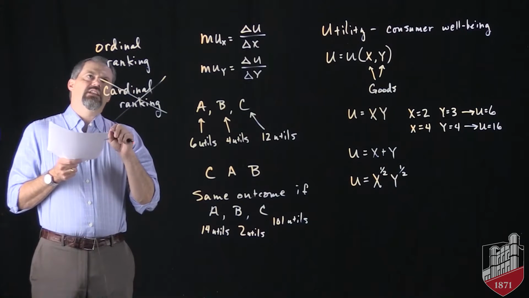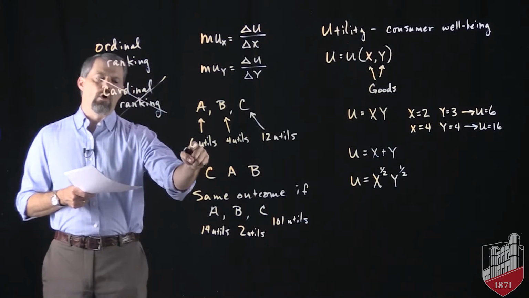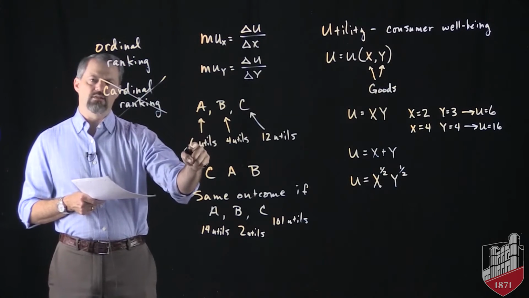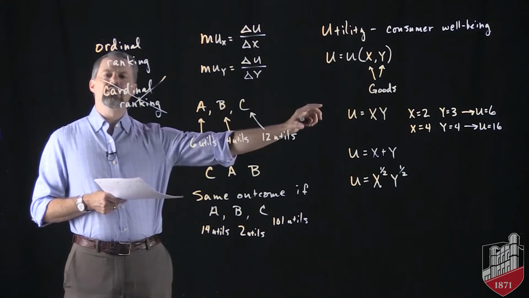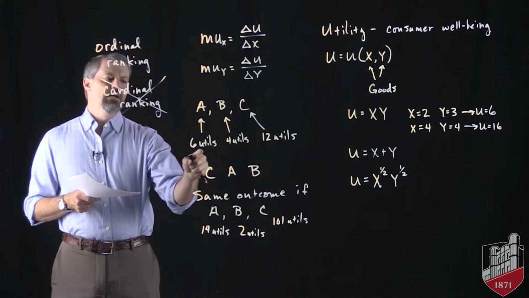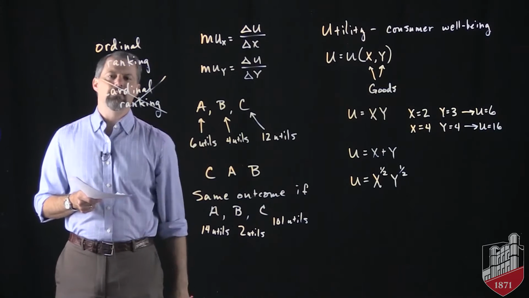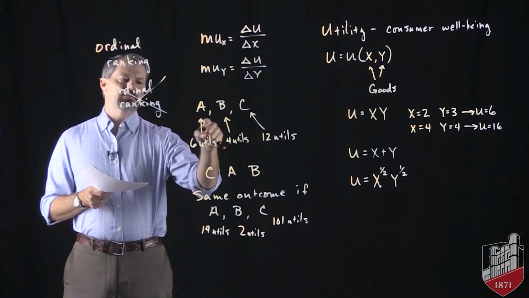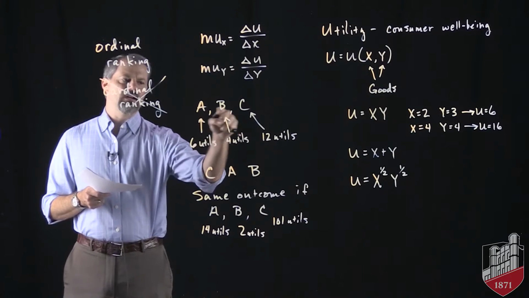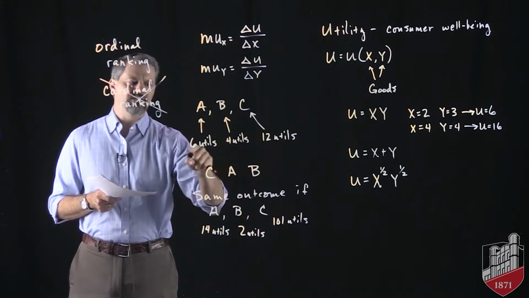The other thing that we have to keep in mind is that we can't compare the utils that one person gets from consuming bundle A to the utils that another person gets from consuming bundle A. So for example, we could treat this not as two different utility functions, but two different people. Let's suppose when we plugged these bundles into this person's utility function, it gave us these numbers.